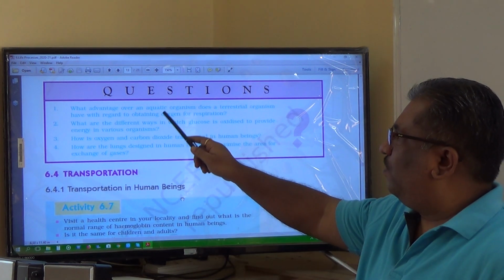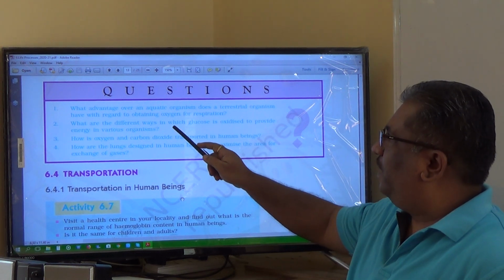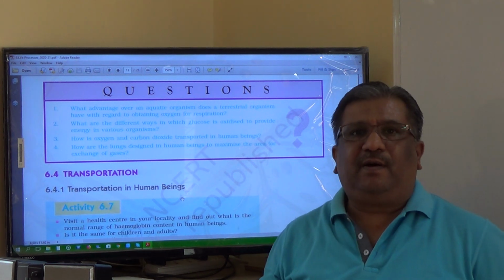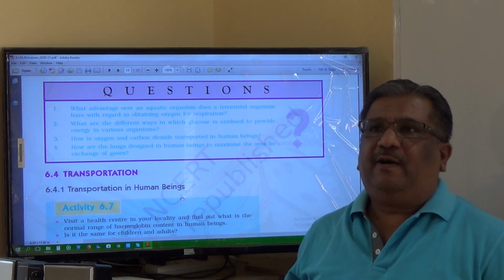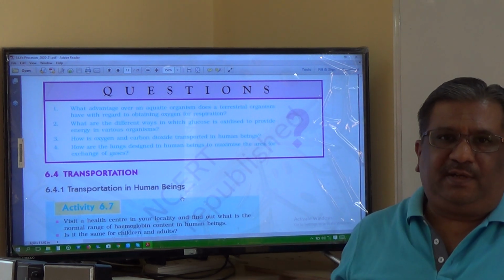What advantage over an aquatic organism does a terrestrial organism have with regard to obtaining oxygen for respiration? How do aquatic organisms obtain their oxygen? They obtain their oxygen from dissolved oxygen in the water, isn't it?